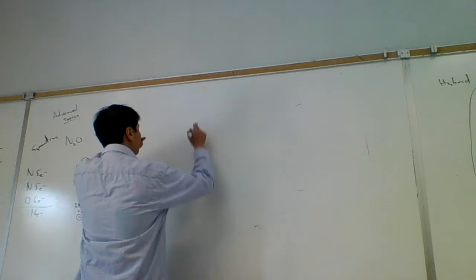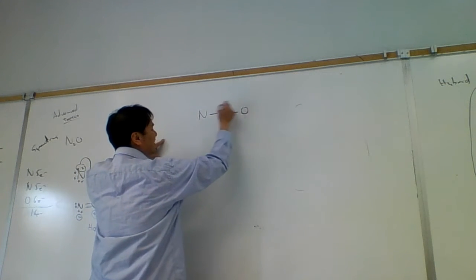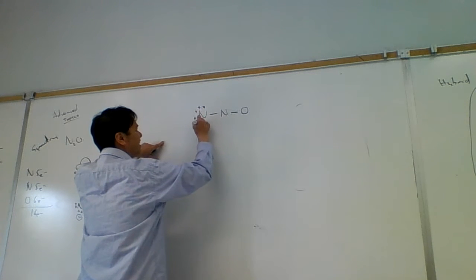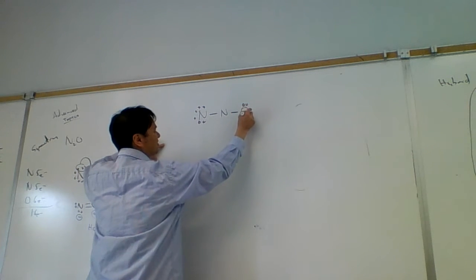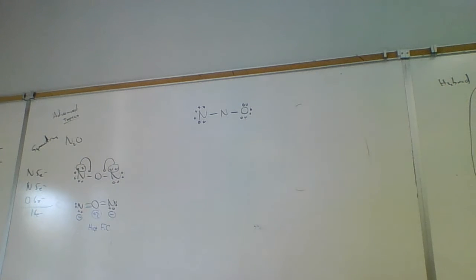Now, if we put nitrogen in the center, then we end up with this. And then we complete the octets. Like that. And so now we have 16 electrons here. But when we look at this, we can form multiple bonds.